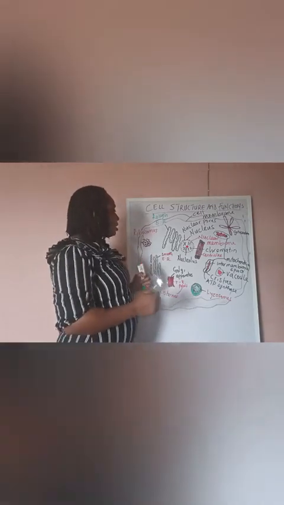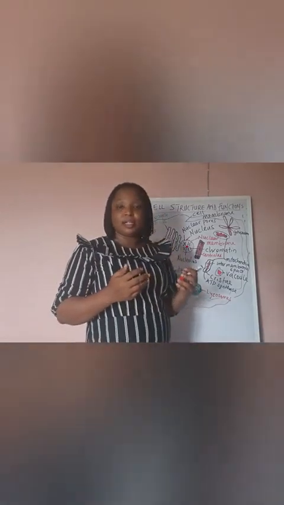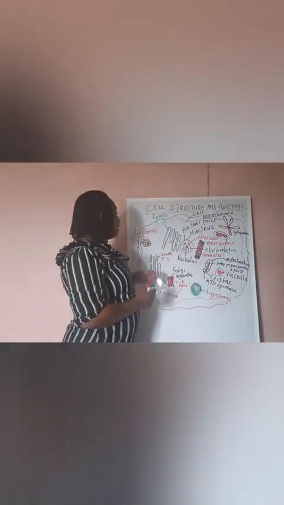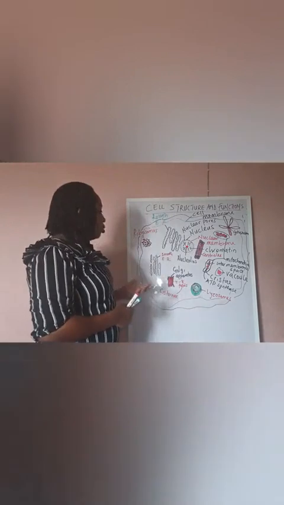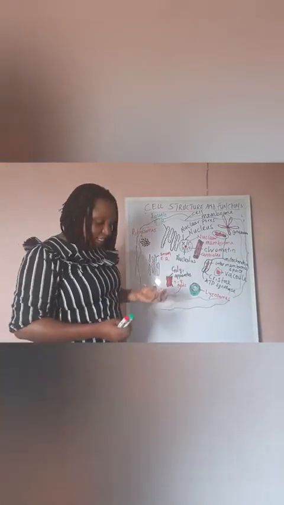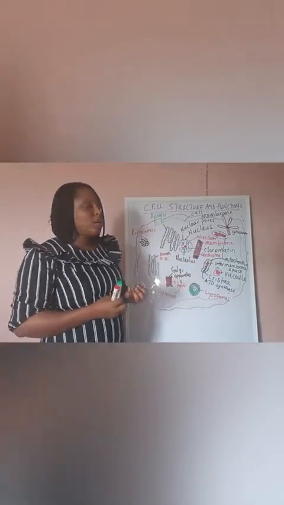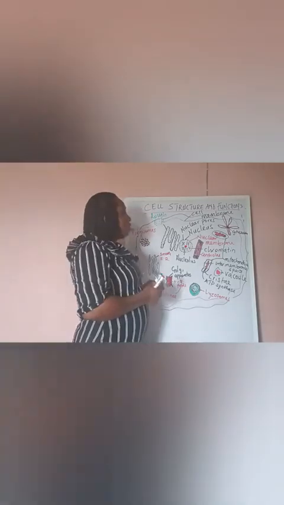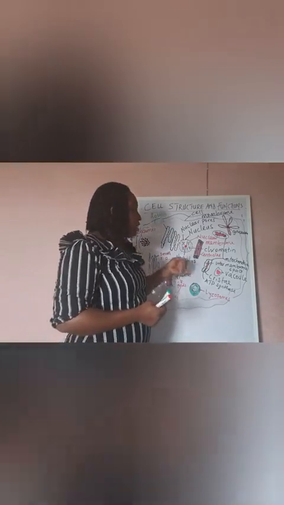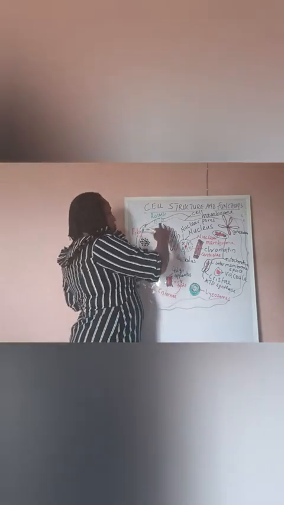The animal cell lacks chloroplast and starch granules, while the plant cell possesses chloroplast and starch granules. The plant cell stores lipids as oil, while the animal cell stores lipids as fat. So you can see the differences between the plant and animal cell.